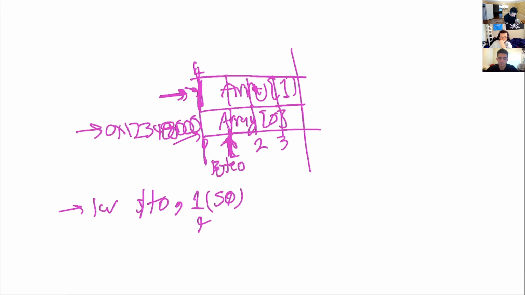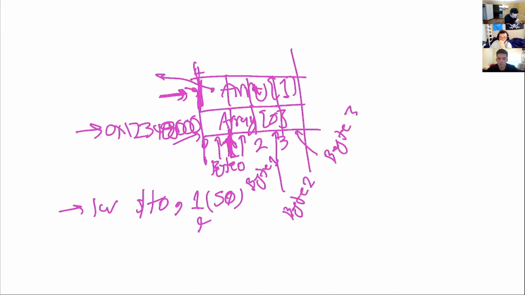So, again, to make it very explicit, this is byte number 0. This is byte number 1. Okay. This one is byte number 2. And this one is byte number 3. And this guy is byte number 4, right?